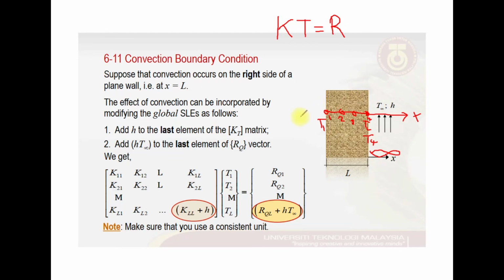To solve the system of linear equations, the convection boundary condition can be included by modifying the last of our coefficients in the K matrix, adding the convection heat transfer coefficient H. For the right hand side, we have to add to the heat rate vector R the convection heat transfer coefficient multiplied by the ambient temperature where the convection occurs.